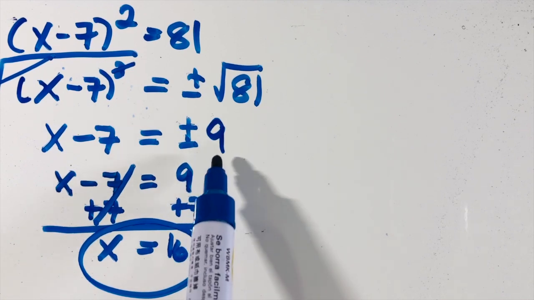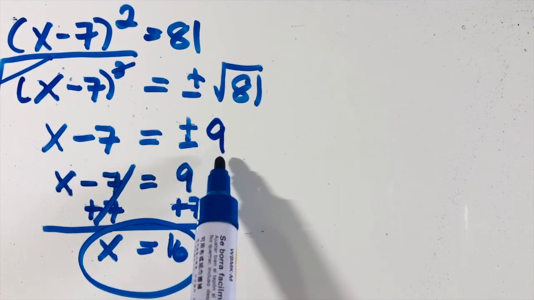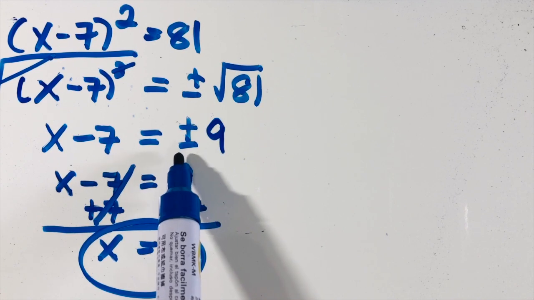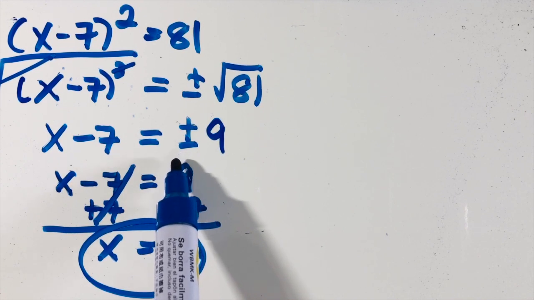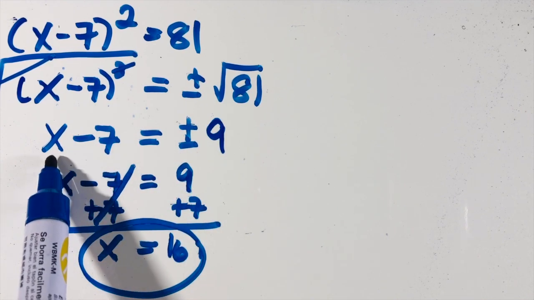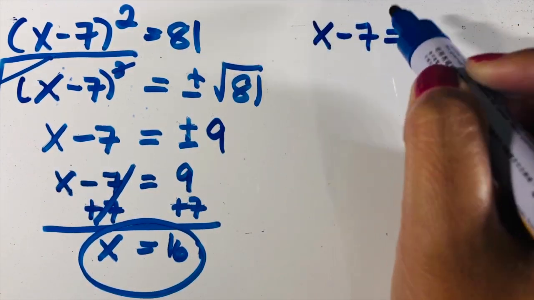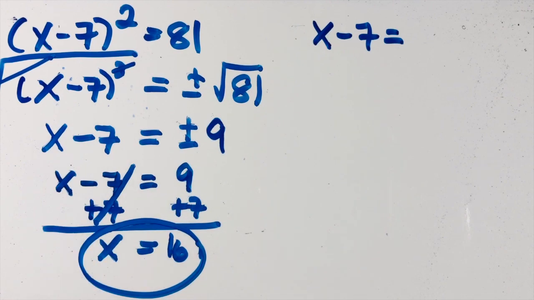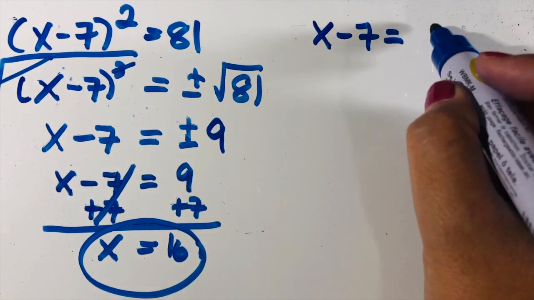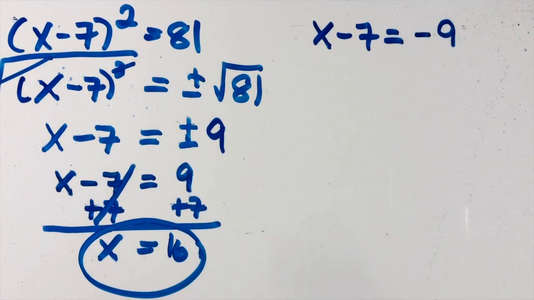Since we used positive 9 already, at this point we will use negative 9. So let us copy x minus 7 equals. So we will not use plus 9 anymore, but minus 9 or negative 9. And then solve.